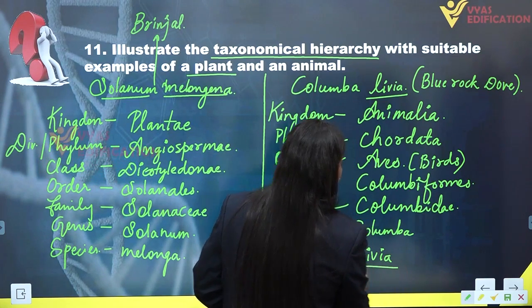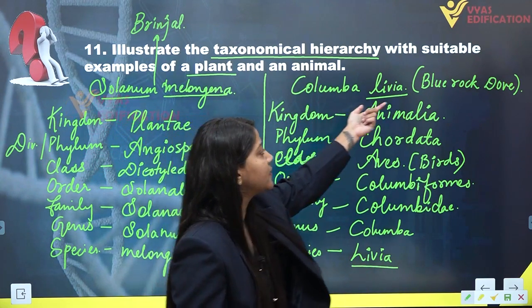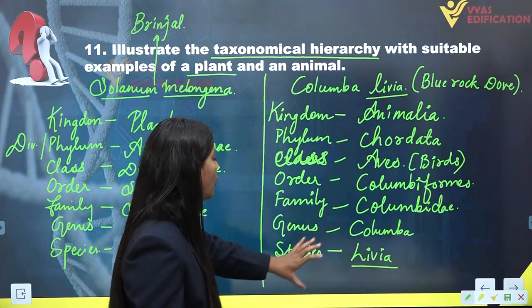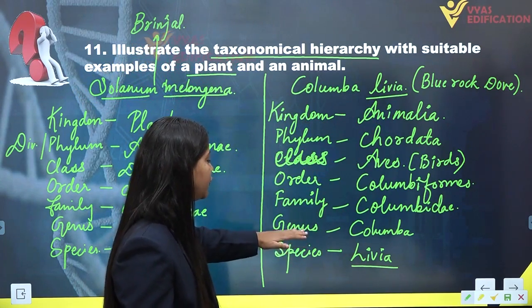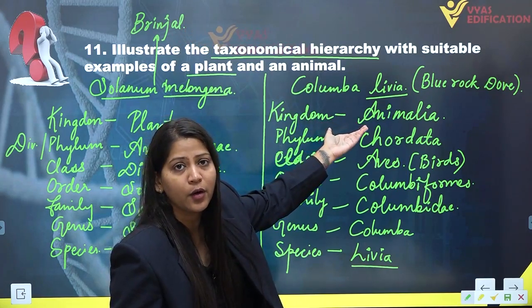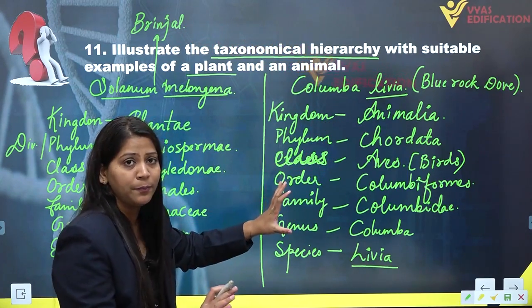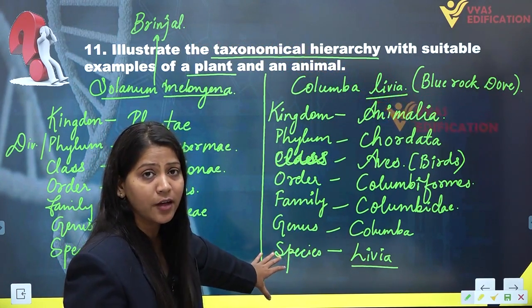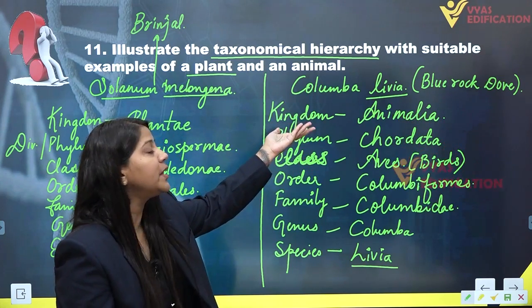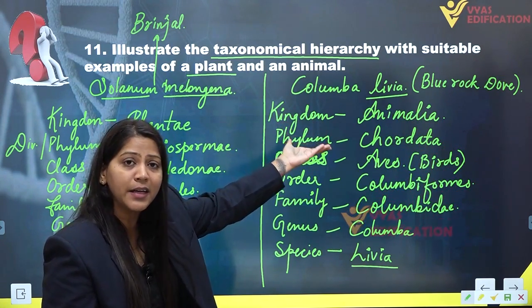In the scientific name itself, we know which is the genus and which is the species. We don't have to remember the genus and species, because they are already given in the scientific name.